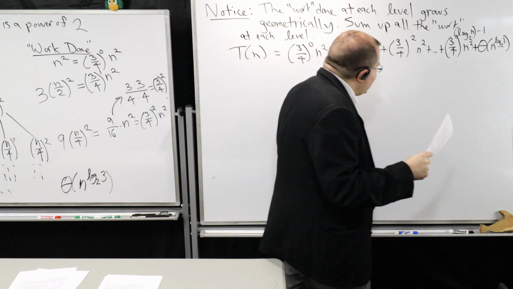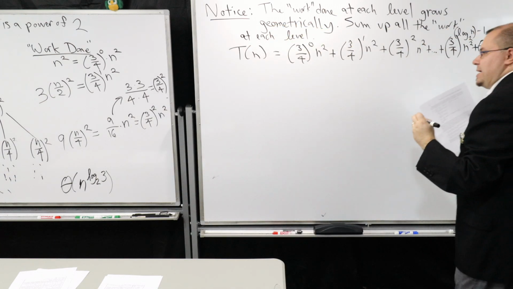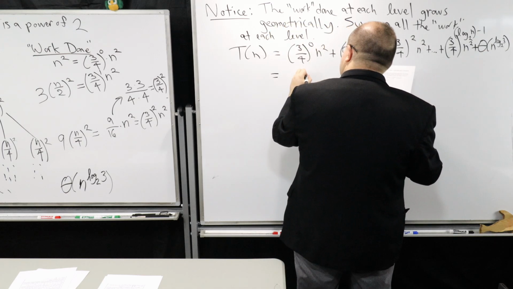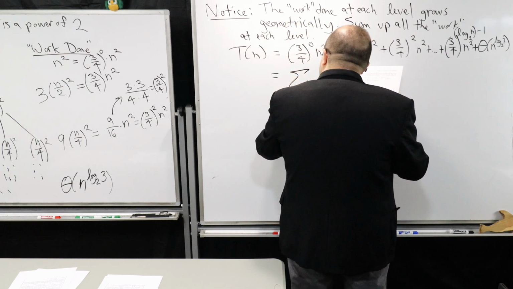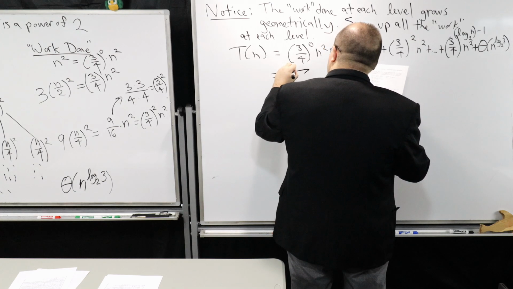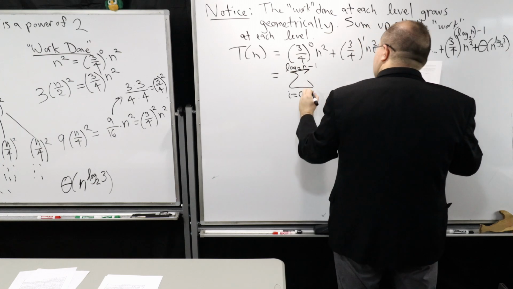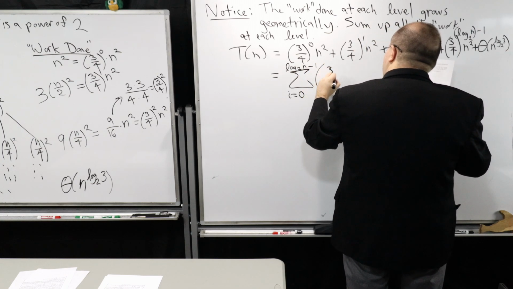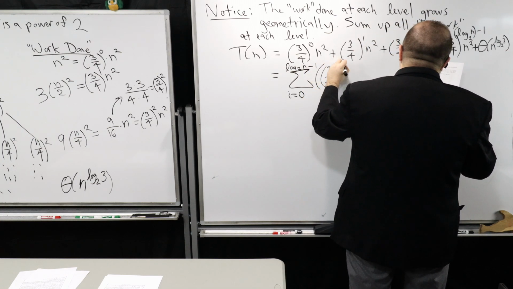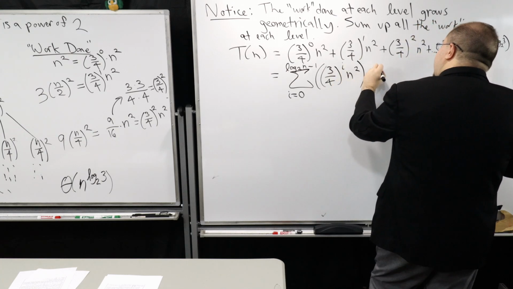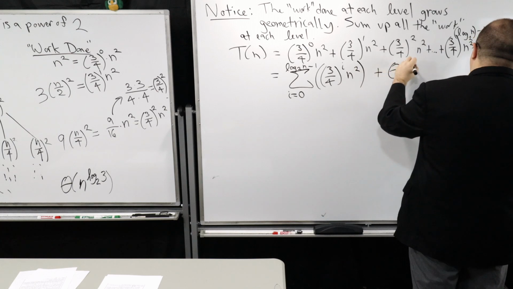So all I'm going to do now is simplify this into a summation. I'm going to bring this all together into a sum. So i is equal to 0 to log base 2 of n minus 1, of 3/4 to the i times n squared. And then I have my big theta term sitting off to the side.